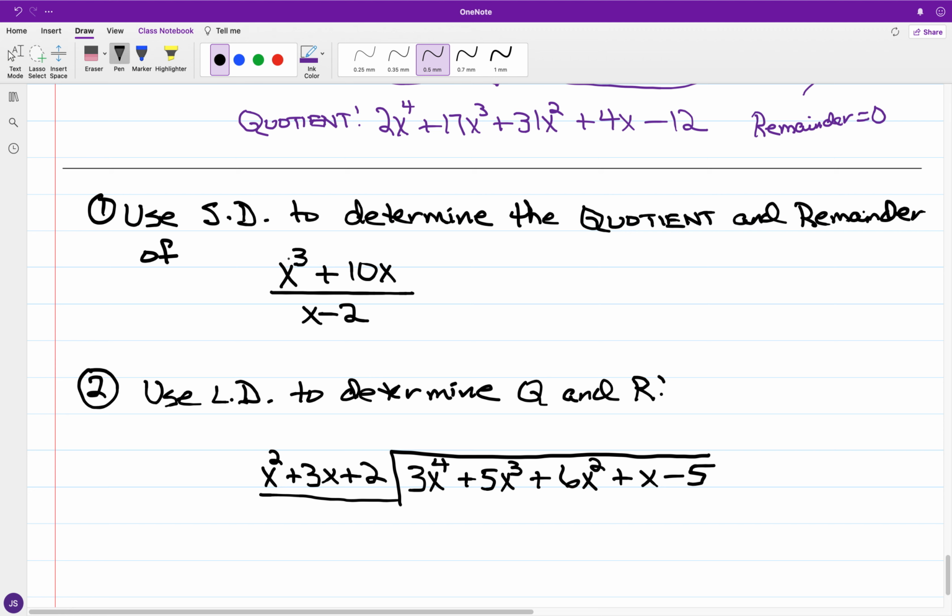So use synthetic division to determine the quotient and remainder of this ratio.